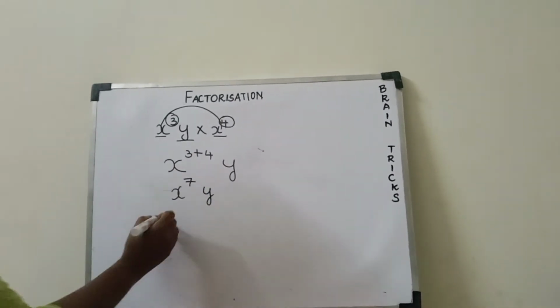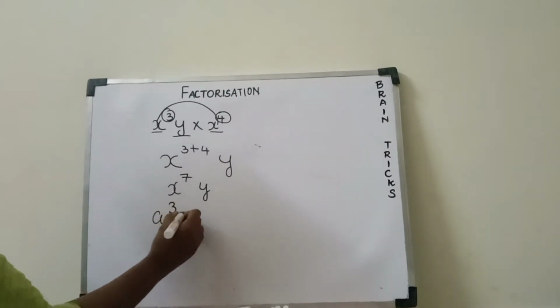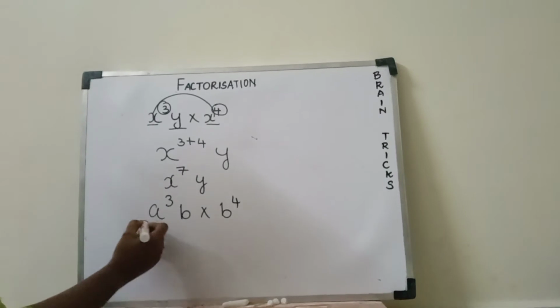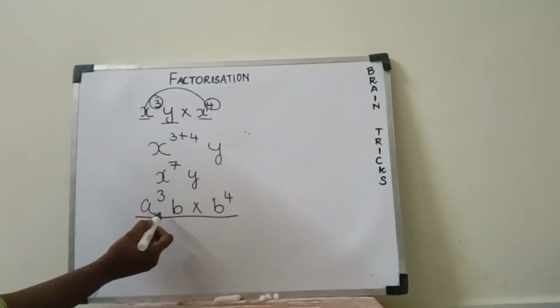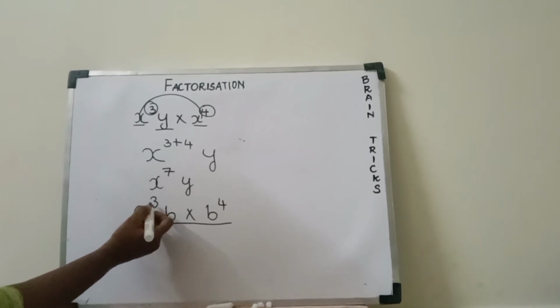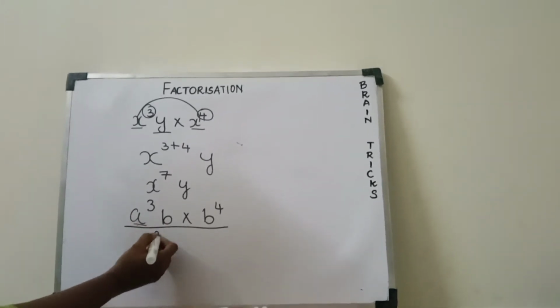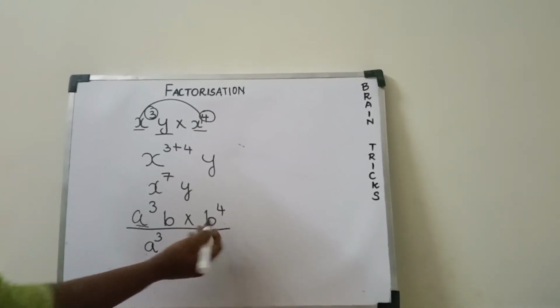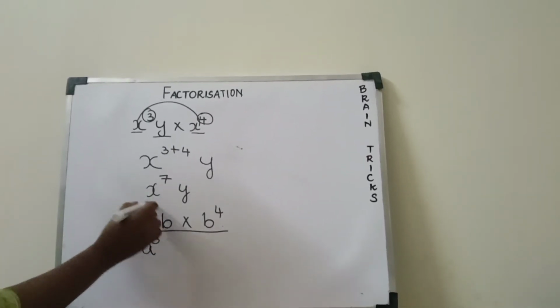Clear? Next, a power 3 b into b power 4. We are going to multiply this term and this term. First, this term has a, so I am just writing a power 3. Next, move on to the next term. This term doesn't have a, so just write a power 3. We finished this one.